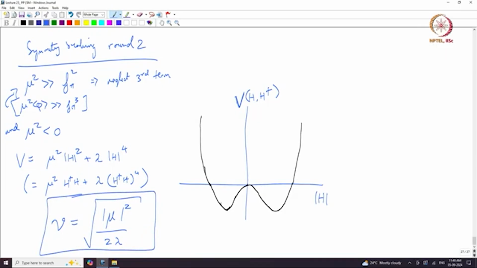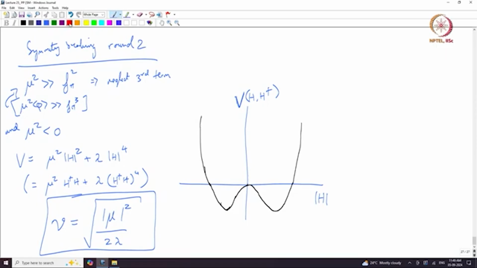Okay. Why mod mu square? Because if I just put a mu square, that is negative. I have explicitly taken mu square itself to be negative, right? Okay, good.